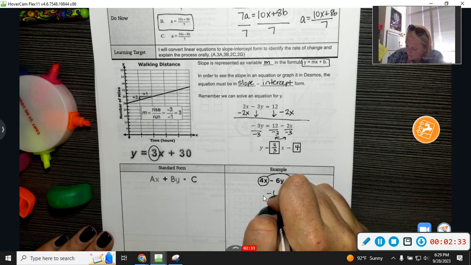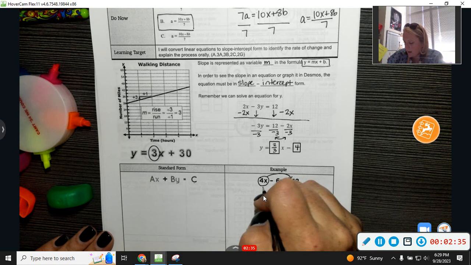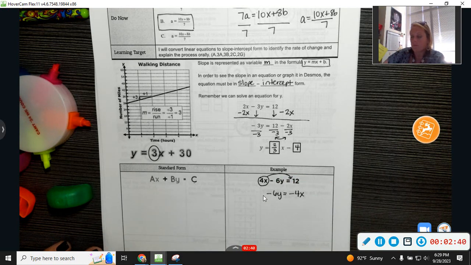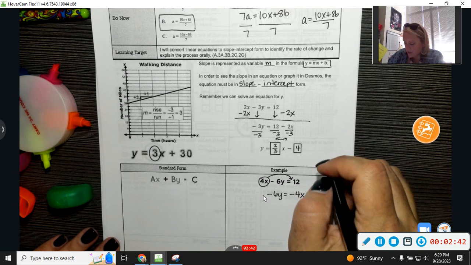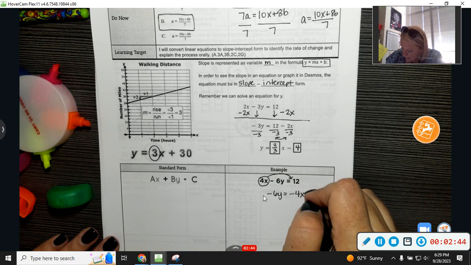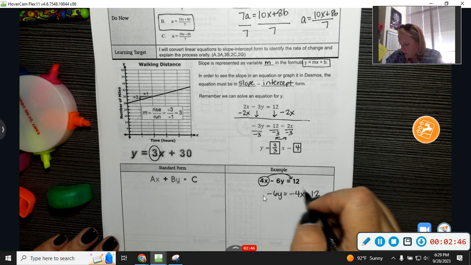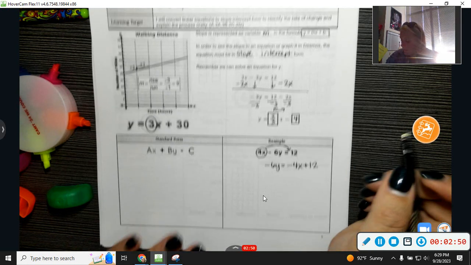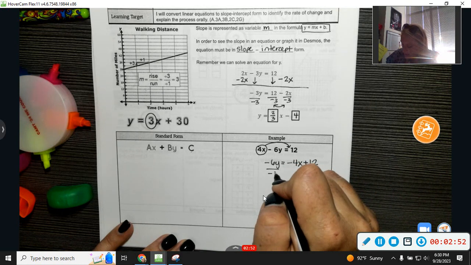So it'll be negative 6y equals, and then this comes here and becomes negative 4x, because it's changing sides, changing signs. The 12 will be slid over, and the 12 is actually positive, so this is a plus. Then I'm going to divide by this negative 6.